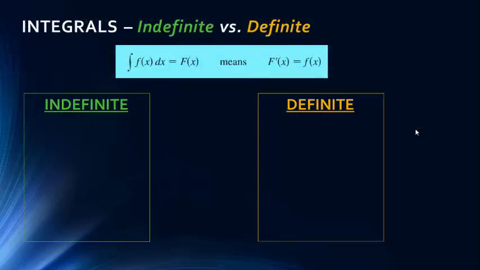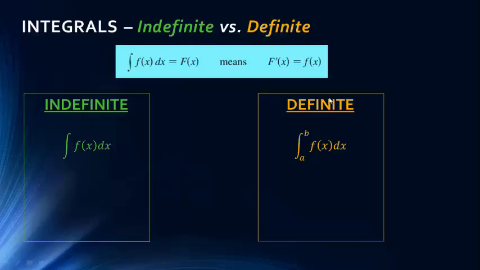So this is really key, and I want you to pay close attention to this, because this is where a lot of students make mistakes because they're not sure which is which. These are very simple concepts, and if you get this, this will help you in solving problems. An indefinite integral is an integral that has no limits on it or no numbers on the integral sign.